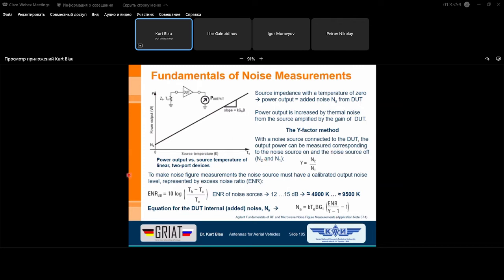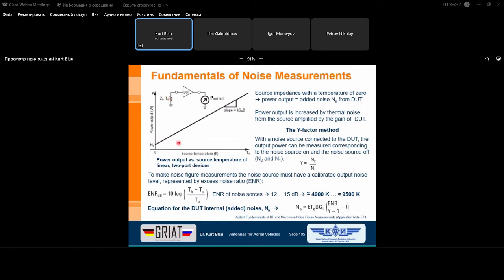And what we have to know to make noise figure measurements is about the noise source. We do not only speak about the real part of our source impedance. Now we speak about a device which represents, for 290 Kelvin, this pure ohmic part, and then it can excite, or make the artificial temperature of this ohmic resistance much higher.